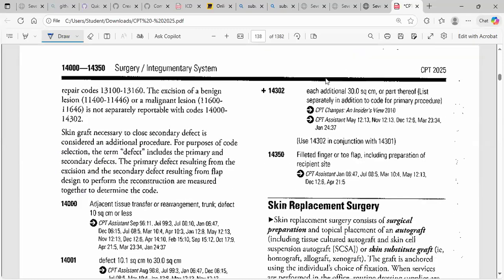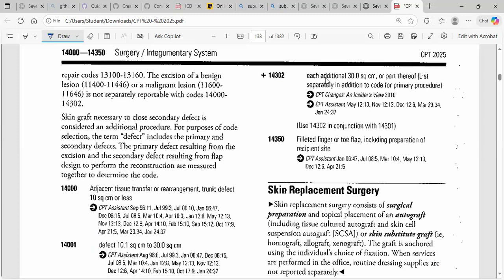So ATT codes are based on the anatomical location as well as the size. If the ATT has been performed on different locations, we are going to bill that separately.